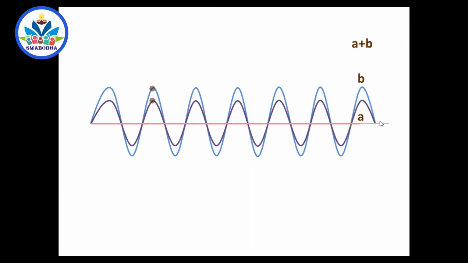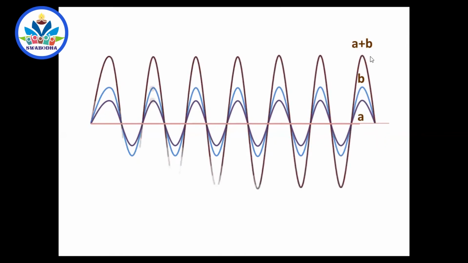Another, your friend comes and he also puts a stick at the same point and he starts vibrating it. It produces another stronger one. What will you see on the water surface now? You will never see this wave. You will never see this wave also. You will see a resultant wave which has an amplitude of A plus B. Resultant wave will have an amplitude of A plus B, and it will be a stronger wave.